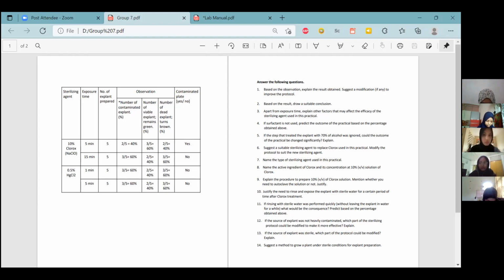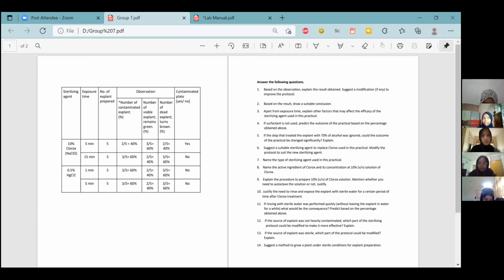From my answer, I would say the treatment is not effective because surfactant acts as a wetting agent and it will repel the air. As we know, microorganisms can also live in the presence of air.